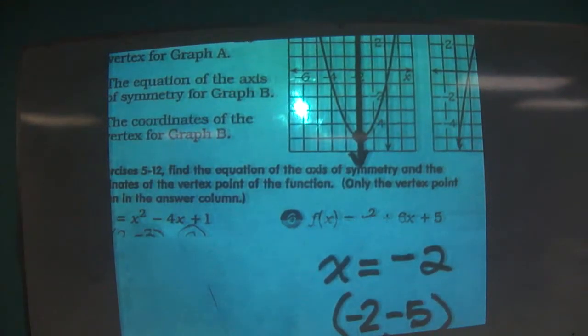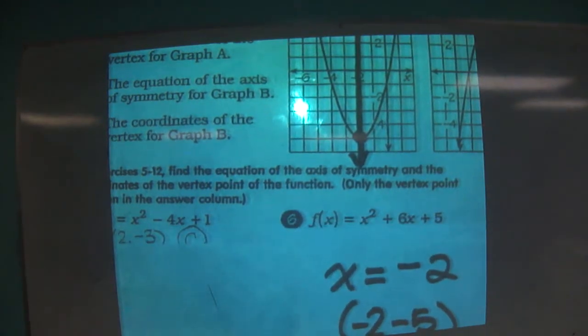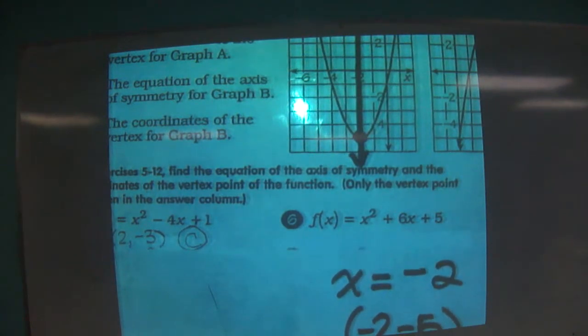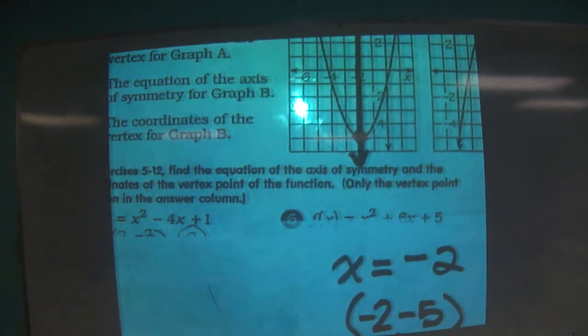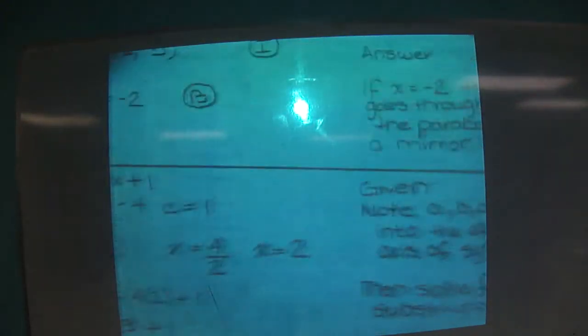So we're going to find the equation of the axis of symmetry and the coordinates of the vertex point. So here's the vertex point.